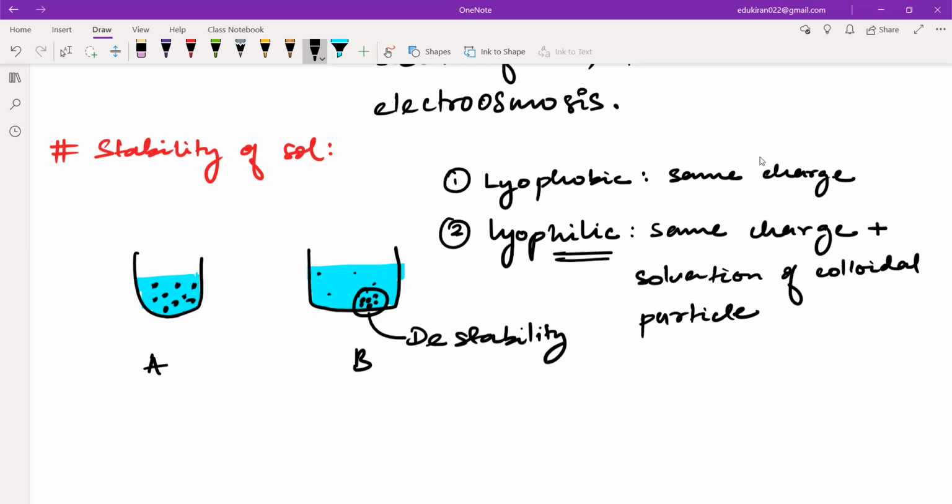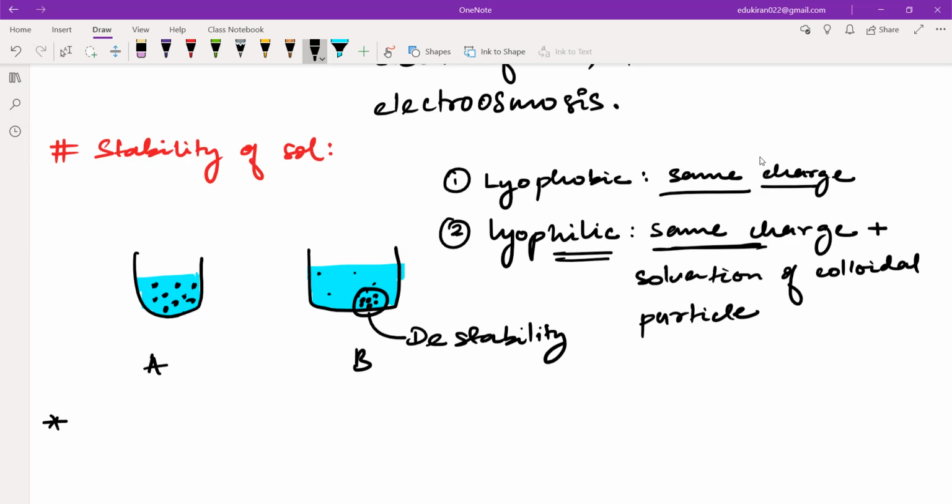Whenever there is some attraction, the solvation energy is lowered, and when solvation energy is lowered, it brings about stability. So in lyophobic, we have only one reason for the stability, that is the same charge of colloidal particles. In lyophilic, we have the same charge and the solvation of colloidal particles. Hence we can also say lyophilic sols are more stable than lyophobic sols.